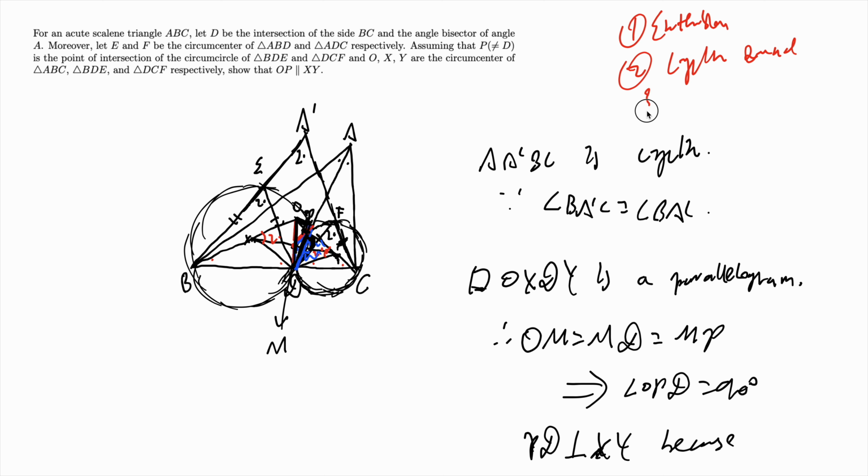And third one is radical axis. Oh, I didn't know that we need to use radical axis. Radical axis. Yeah, and also fourth is basic properties.